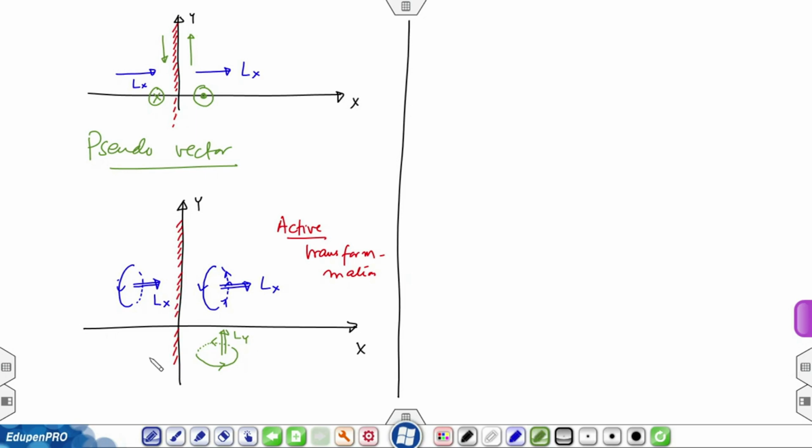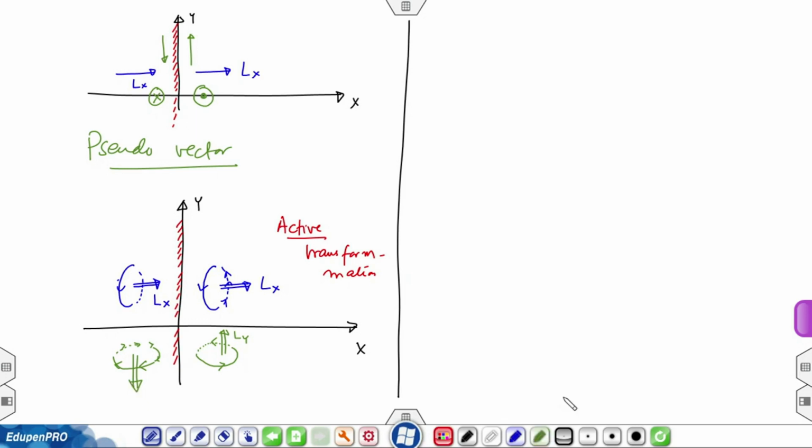When I reflect, the reflected rotation would look like this. So, disk is now rotating the other way, and Ly would point down. You can argue the same way for Lz. That is a pseudo vector. So, whenever there is a rotation involved, this will do so.